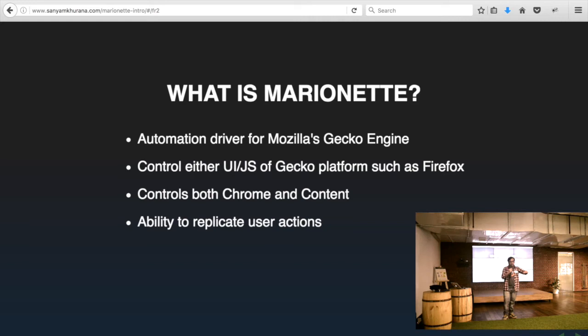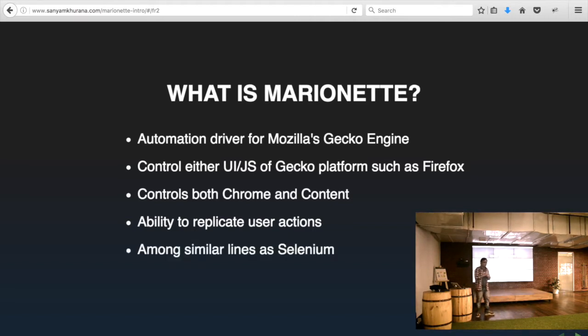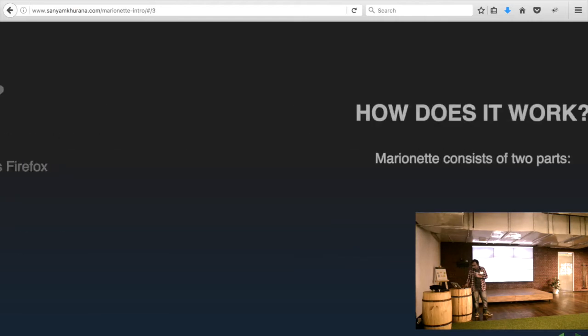So what we are exactly doing here is we have a module in the Gecko engine itself, which is made for testing your UI and internal JS. So we are just automating test cases here. How many of you have heard about Selenium? Wow, nice. So think of Marionette as being along similar lines as Selenium.